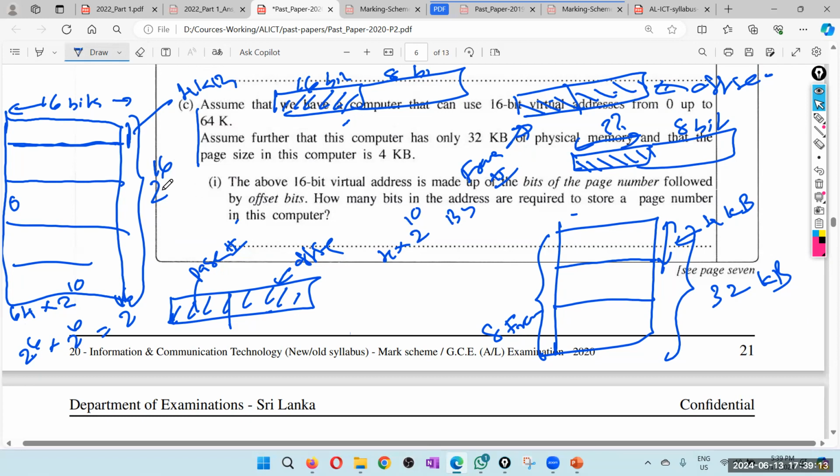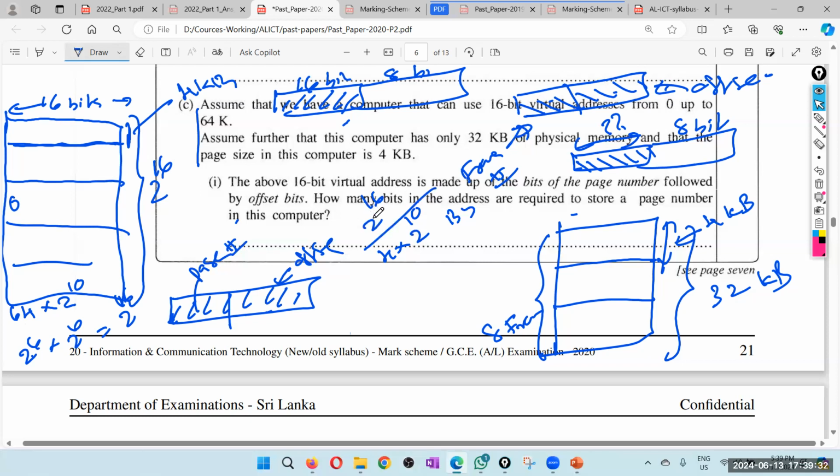But altogether we have 2 to the power 16 addresses, and the assumption is 1 byte of data each. So that means altogether we have 2 to the power 16 bytes of data. And 1 page can keep 4 into 2 to the power 10 bytes of data.